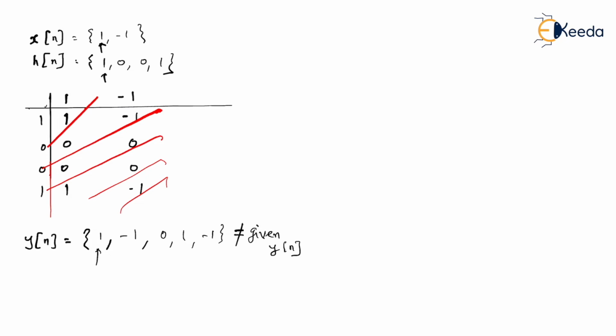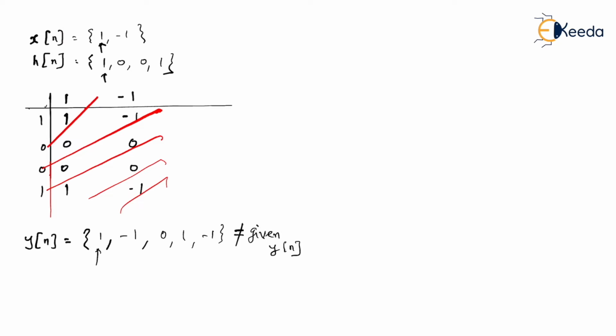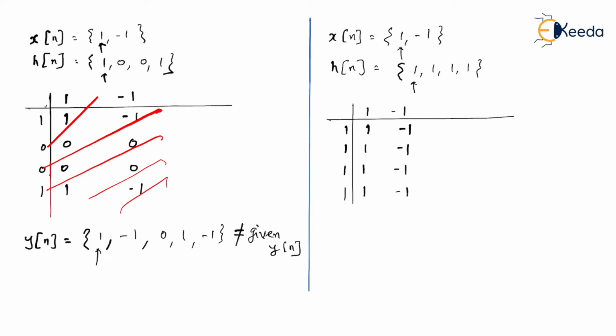So according to option C, h of n is all ones. If you want, I can actually try this option also. So again, checking for option C. Writing x of n here, 1 minus 1, and then all the elements here. Let us mark the diagonal elements.